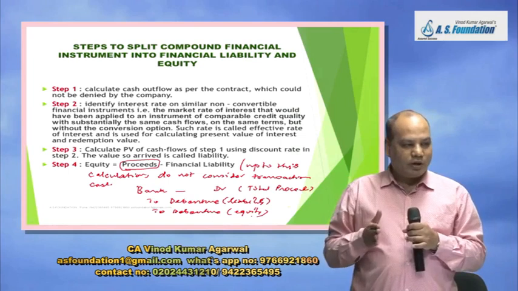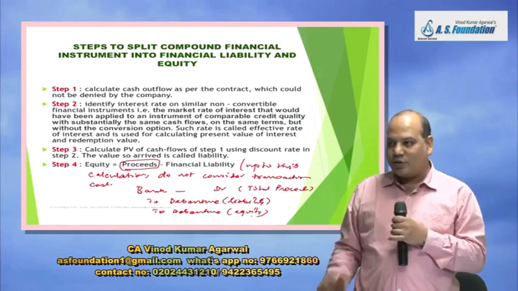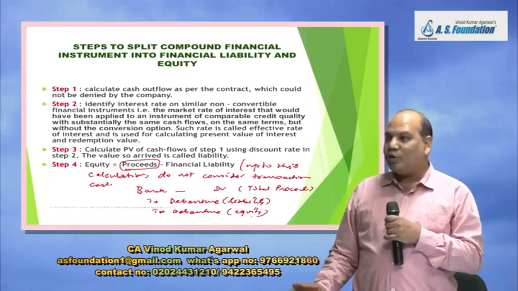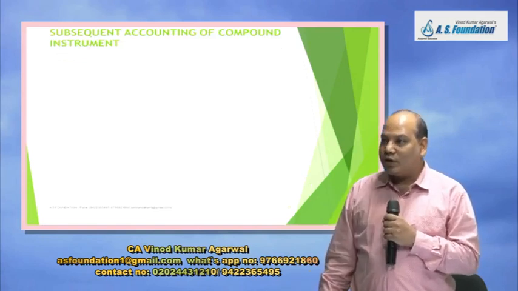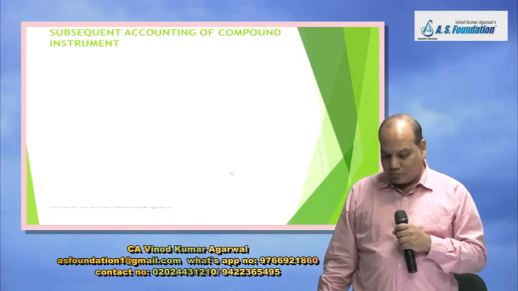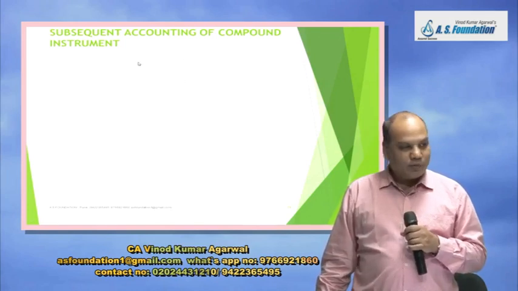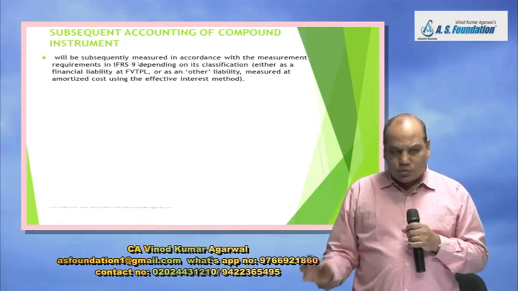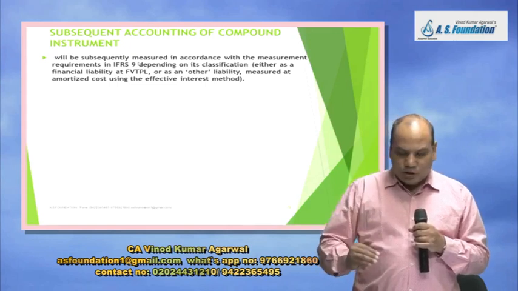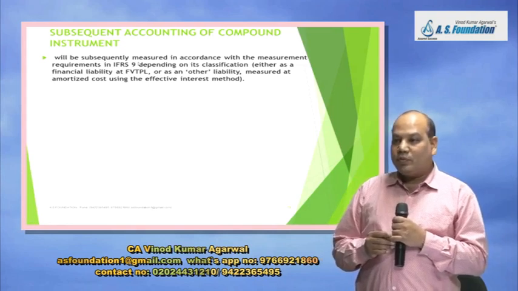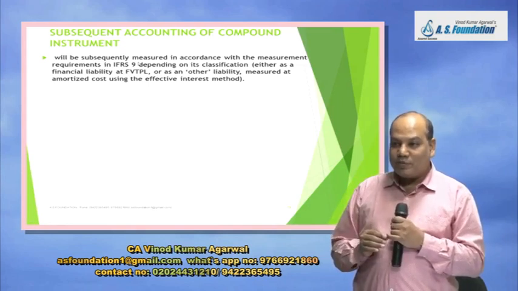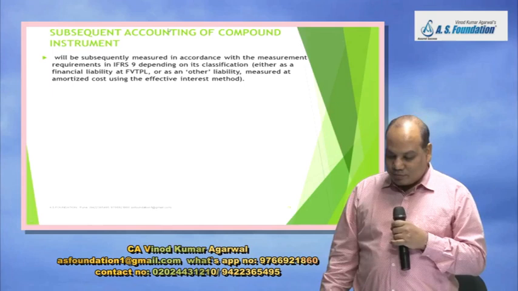We are not taking that in detail in this topic, because we have not yet discussed accounting treatment of financial liability. Today we'll discuss briefly, and then in the next chapter, IFRS 9, we will solve around 30-40 problems, so you'll understand better.